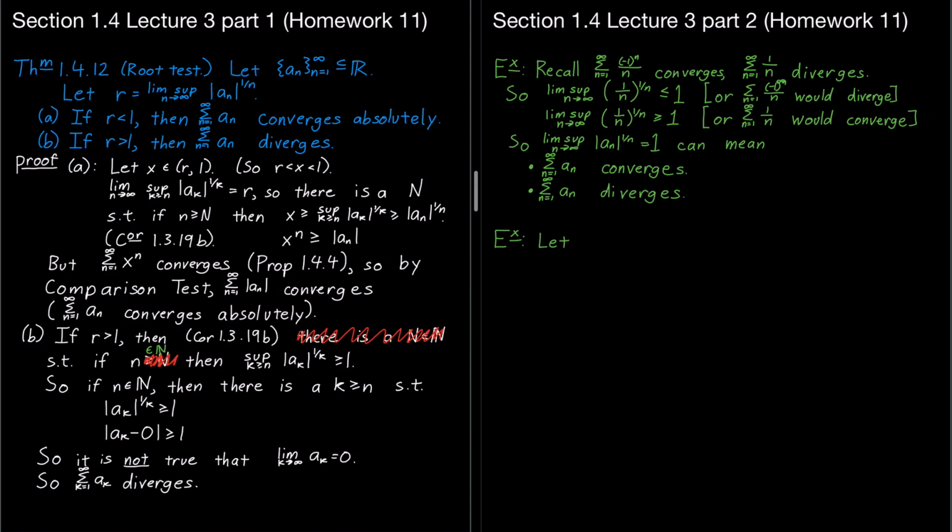Let a_n be 1 over n squared. The series sum of 1 over n squared converges, and because everything is positive, it converges absolutely.